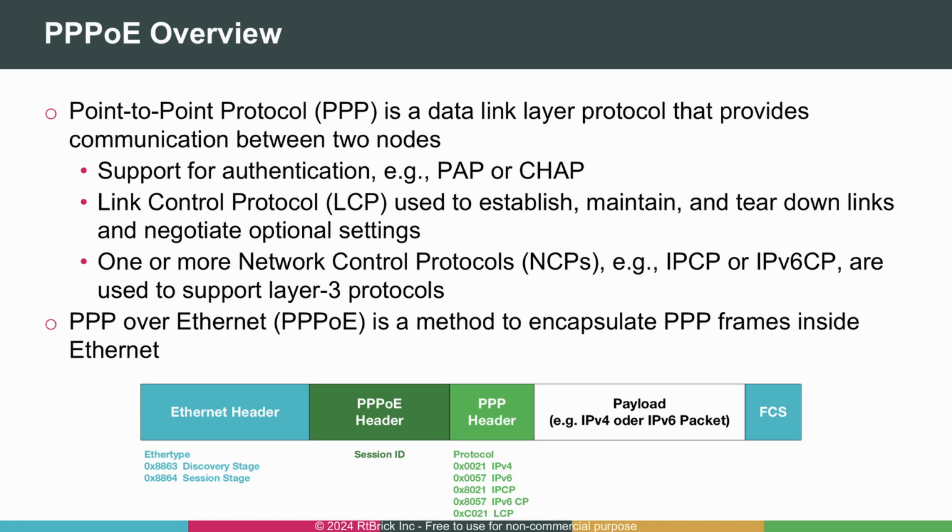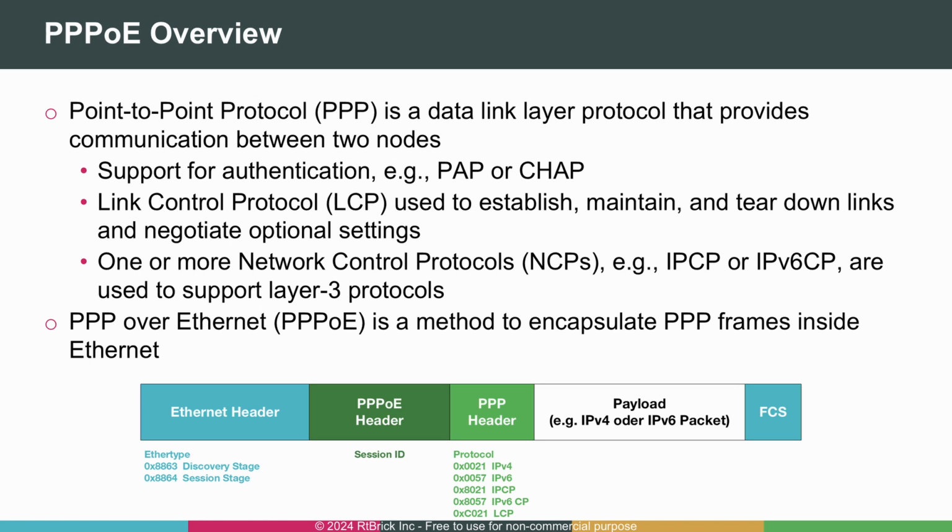Additionally, PPP supports optional authentication methods to enhance security. A single PPP session can support multiple network control protocols, one for each layer 3 protocol. For example, the IP Control Protocol, IPCP, is used for IP version 4, and the IPv6 Control Protocol, IPv6CP, is used for IP version 6.